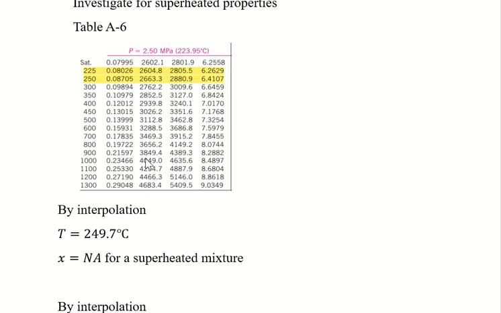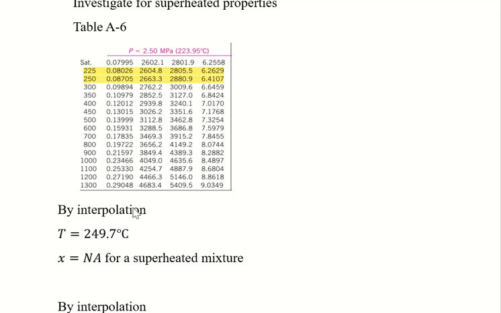You go ahead and do interpolation, and we've already gone through a lot of interpolation. You extract these values, and you get the temperature at 249.7 degrees Celsius. And you can say my answer is correct because it lies in between here, and 249.7 is somewhere close to 250.